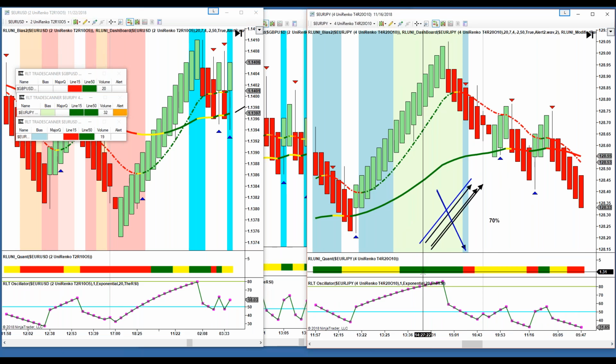And you will not get a scanner signal. You see here, the major Q is not in here. It's probably because the market's moving real slow. But the major Q and the major quant right here has to be green.